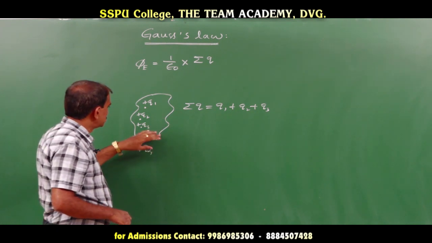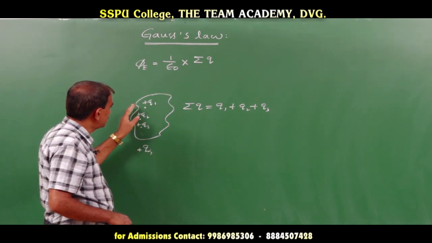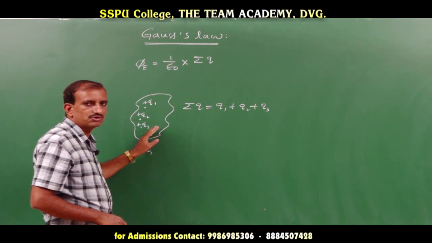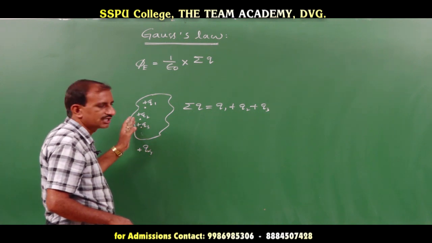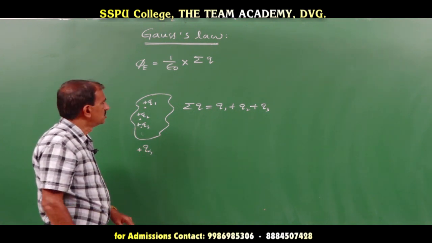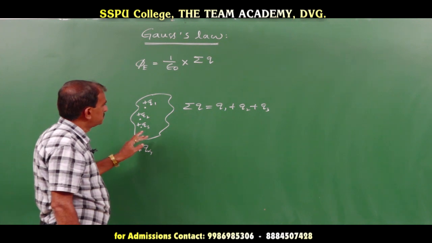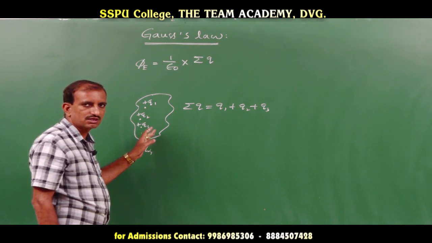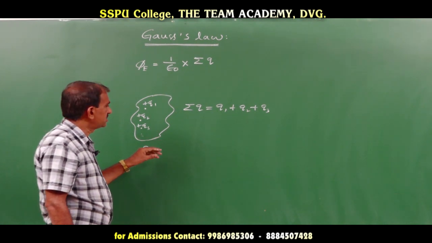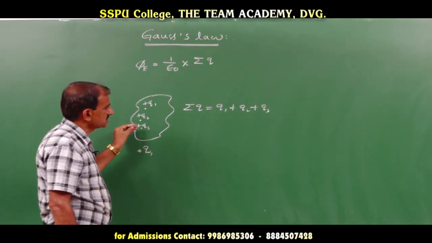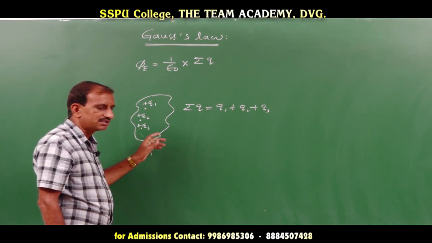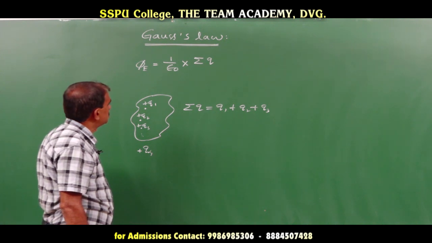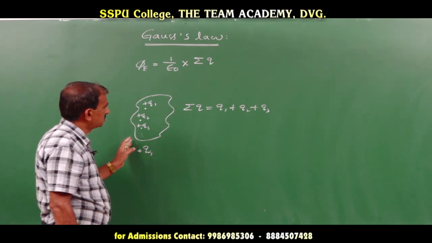So the charges inside the surface only contribute the flux, and charges outside the surface do not contribute any flux. Flux is positive for the charges which have electric field lines radially outward, and the electric flux is negative for the field lines which are directed radially inward. This is called the Gauss law in electrostatics.